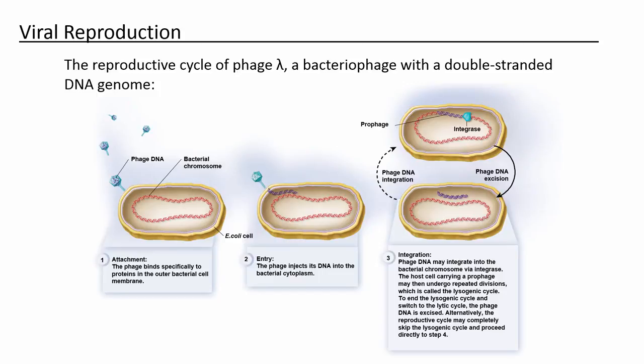What's going to happen in the case of HIV is that the integrated viral genome is transcribed to produce many copies of the viral RNA.